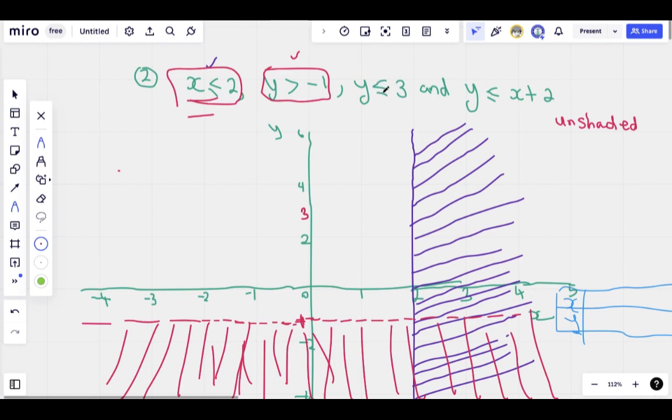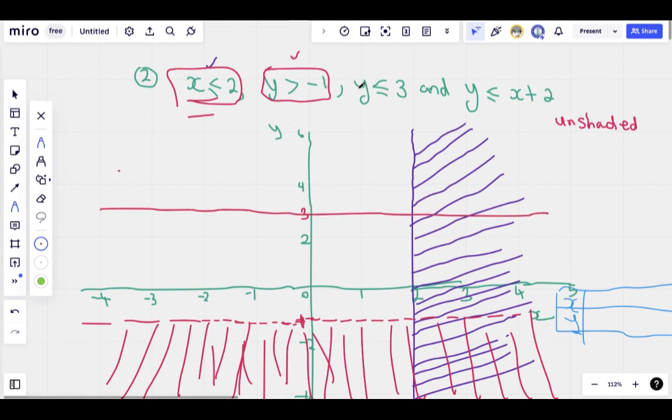Because it's lesser than or equal to. Once it's lesser than or equal to, you draw a solid line across 3 on the y-axis.